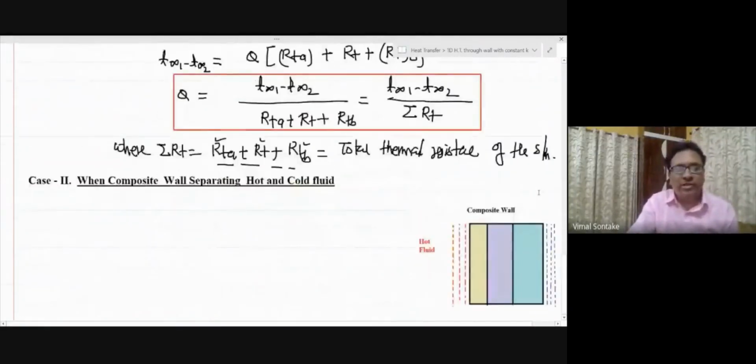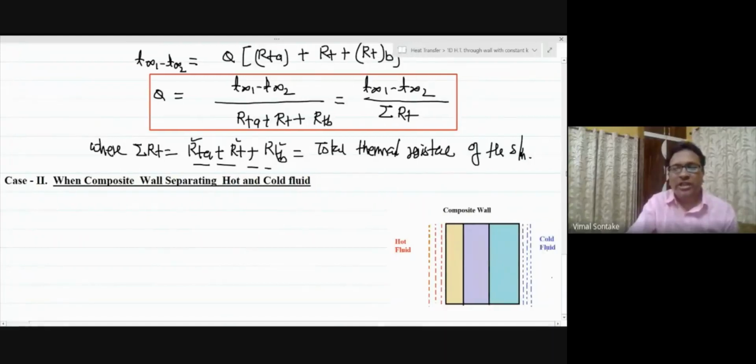Now, in a similar fashion, we can also analyze the heat transfer rate through a composite wall separating hot fluid film and cold fluid. The only difference is earlier it was a single wall or plain slab. Now in this case there is a composite slab.